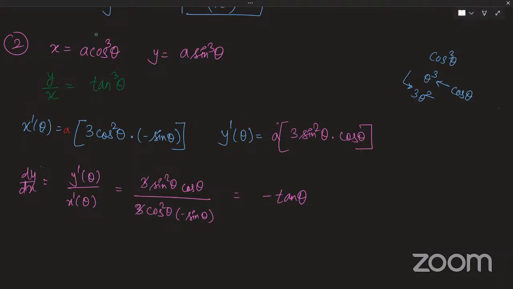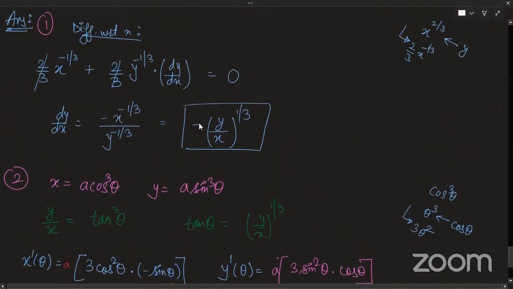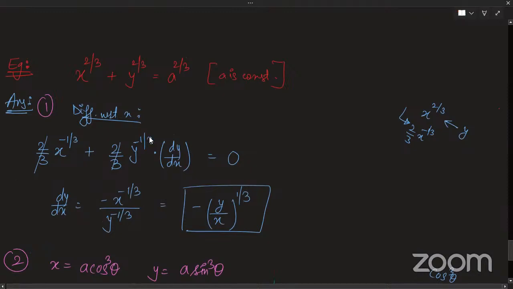Sine cube theta by cos cube theta is tan cube theta. So I can write my tan theta as (y by x) raised to 1 by 3. So your minus of tan theta will be minus of (y by x) raised to 1 by 3. So using your parametric substitution and using your normal method, you have got the same answer.